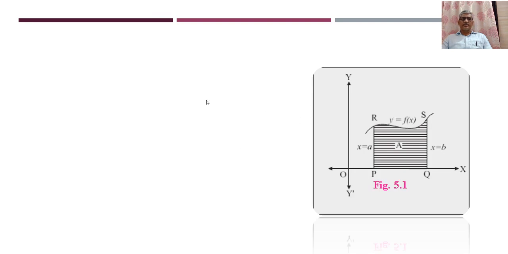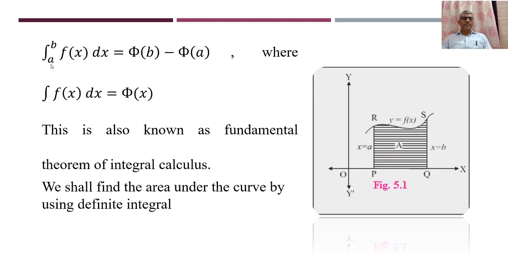Integration to the limit a to b f of x dx equal to phi of b minus phi of a, where the integration of f of x dx equals phi of x. Then, upper limit minus initial limit. This is also known as the fundamental theorem of integral calculus.